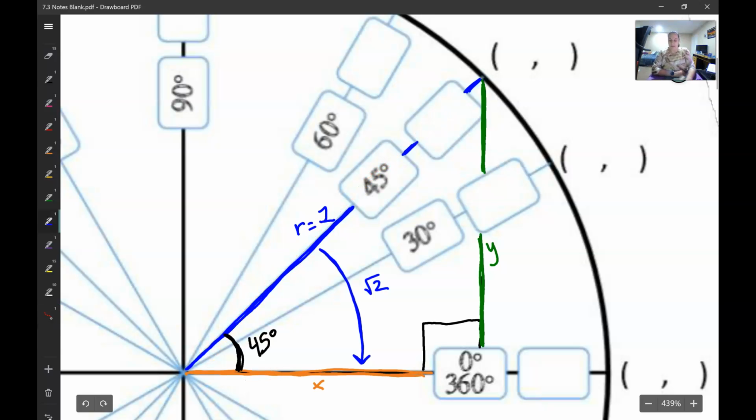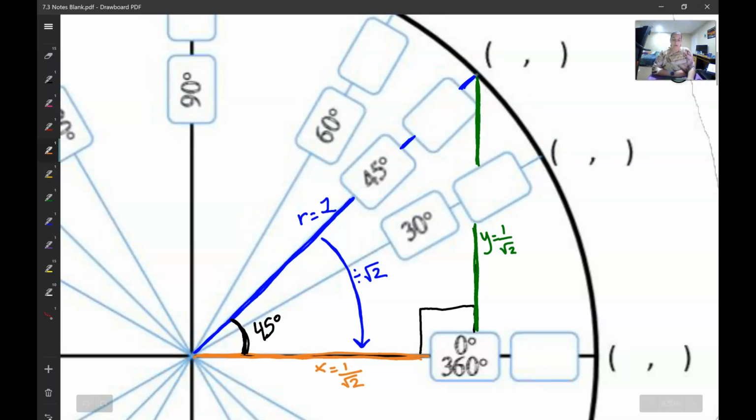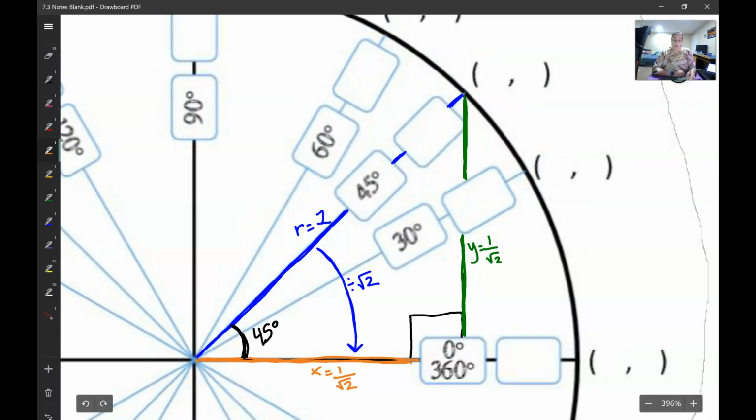So if I want to make it smaller, I'm going to divide by root 2. So 1 divided by root 2. And then I know that the other side is going to be the same, because on a 45, 45, 90, the two small sides are the same. So this is the triangle all filled out.